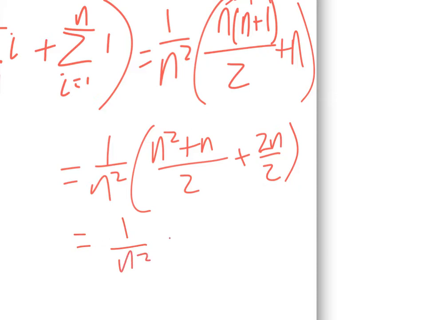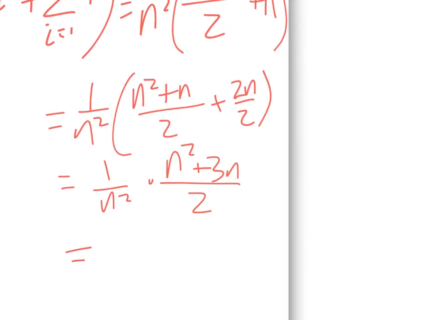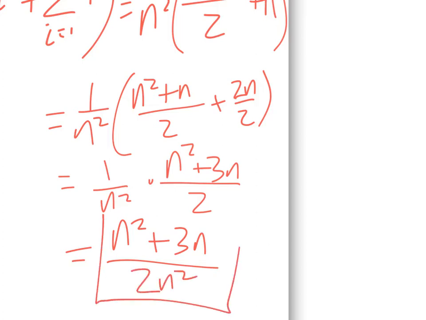Combine that here. We get a 2 on the bottom. We have n squared plus 3n. And this is n squared plus 3n all over n squared times 2, that's 2n squared. Okay. So there's the general formula.